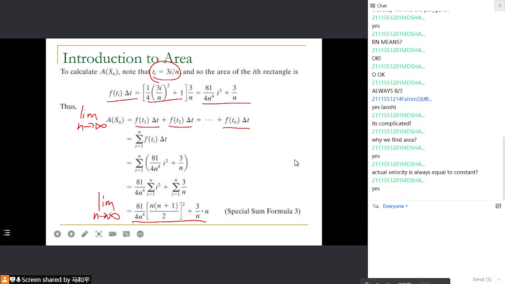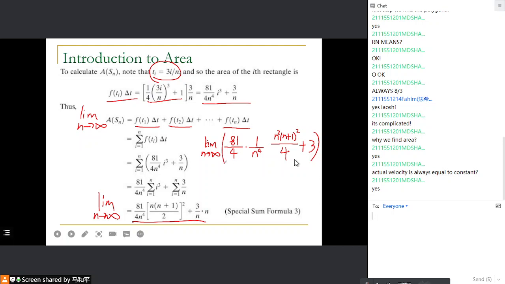The limit as n approaches infinity of 81/4 times n^2 (n+1)^2 over 4, plus 3.